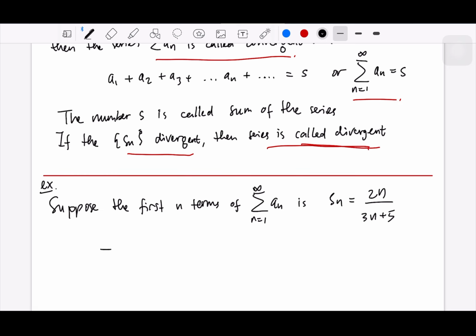Then we can write the series is limit as n approaching infinity of the partial sum. Okay, of the partial sum. So we can just look at the partial sum and we solve the formulations by limit.